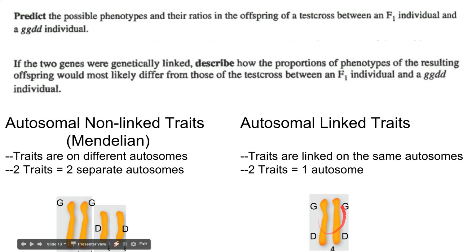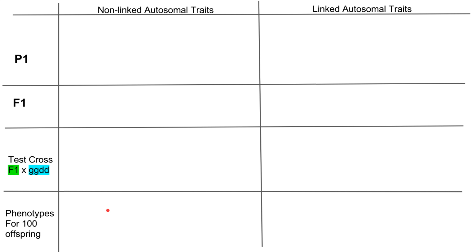If this is how it is, how would the ratio of phenotypes in the offspring be different here compared to here? So let's line these up and think about this. And again, I want you guys to picture in your mind what this should be. Again, the P1 generation, they're all true breeding.